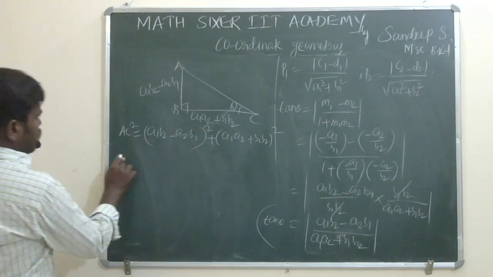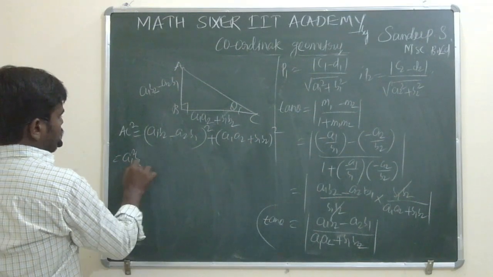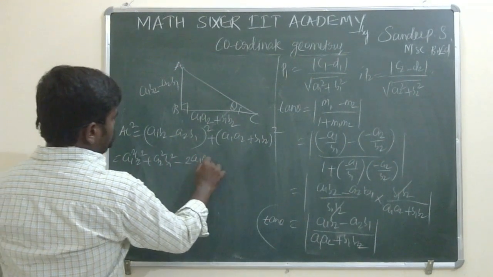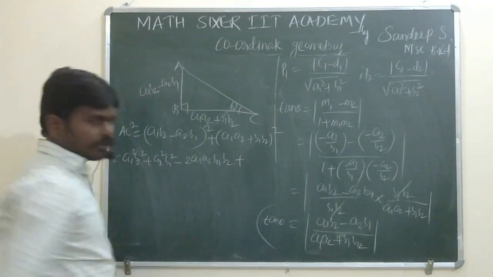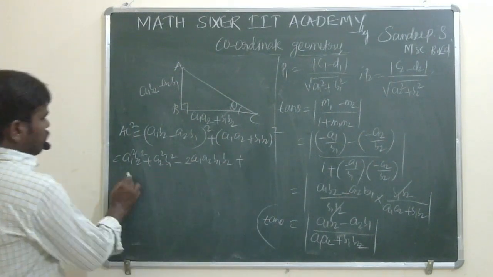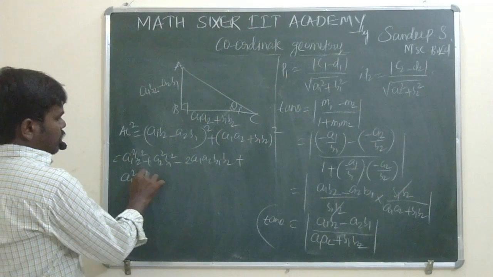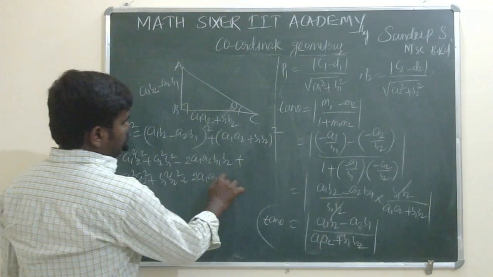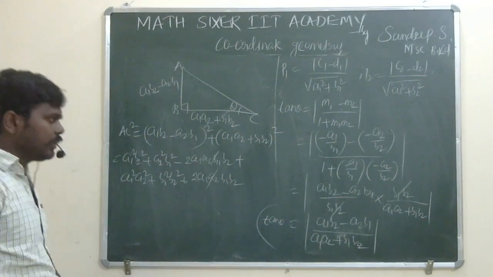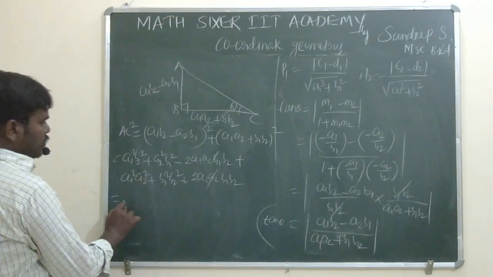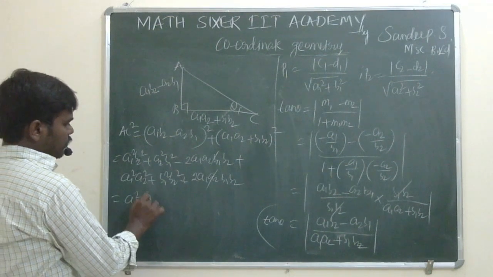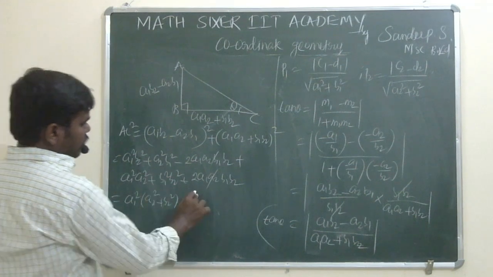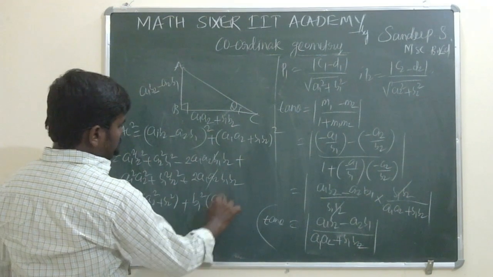So just expand: A1 square B2 square plus A2 square B1 square minus 2 A1 A2 B1 B2, plus again A1 square A2 square plus B1 square B2 square plus 2 A1 A2 B1 B2. Okay, and these two terms will get cancelled. In these two terms, when you take A1 square common you will get A2 square plus B2 square, and in the other two terms, when you take B1 square common you will get A2 square plus B2 square.